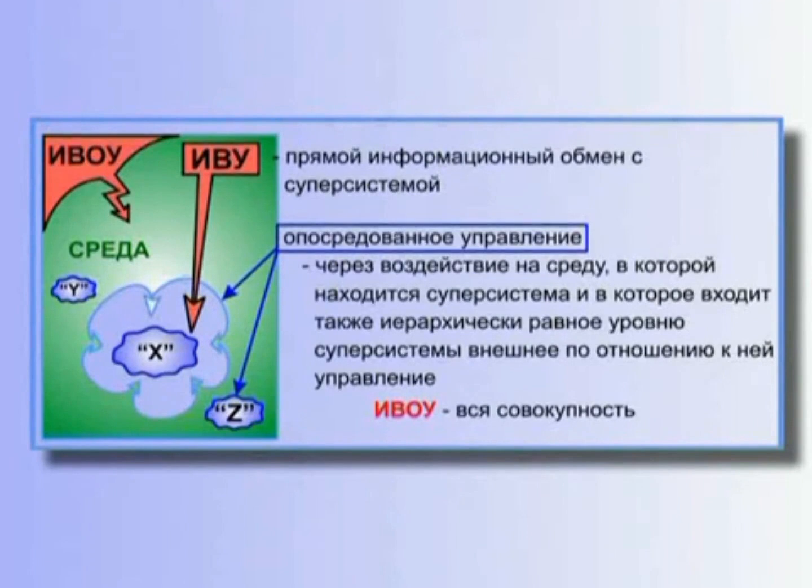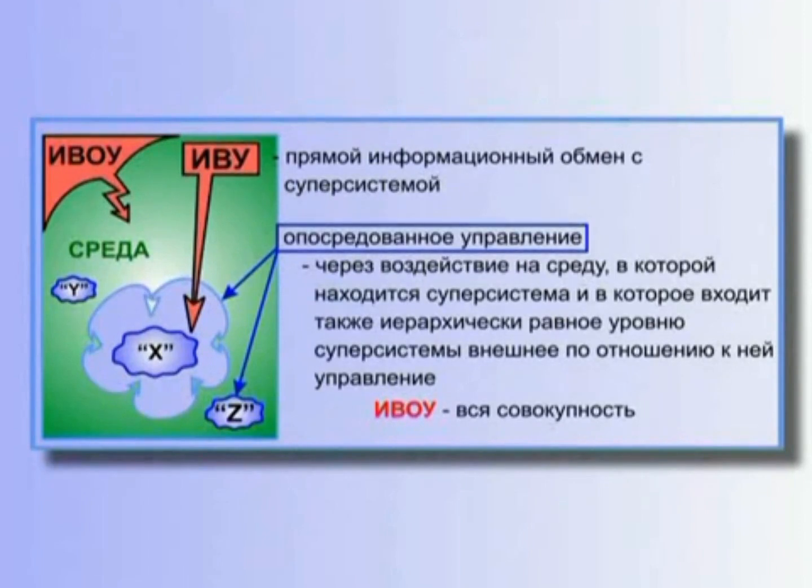And the mediated management of the supersystem is when the supersystem is influenced by management either from the environment or from interacting supersystems. And this entire aggregate, and God can act in this way, that way, or however you want, means that the hierarchically highest encompassing management is the entire aggregate of informational influence on the functioning of the supersystem.